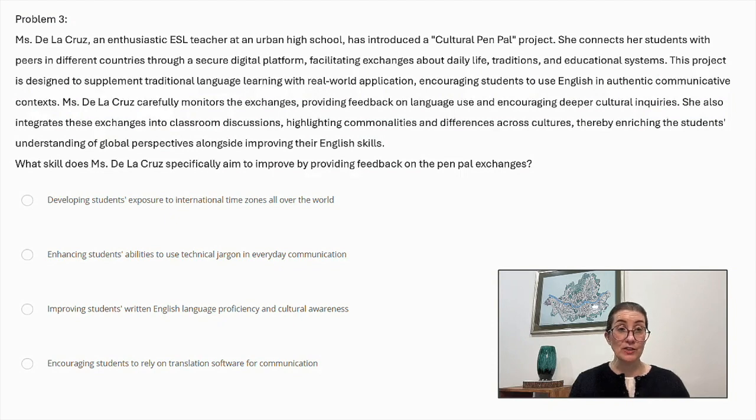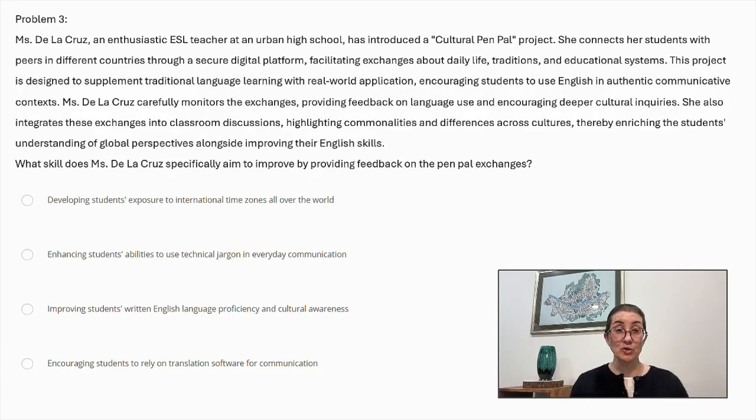She also integrates these exchanges into classroom discussions, highlighting commonalities and differences across cultures, thereby enriching the students' understanding of global perspectives alongside improving their English skills. What skill does Ms. Dela Cruz specifically aim to improve by providing feedback on the pen pal exchanges?